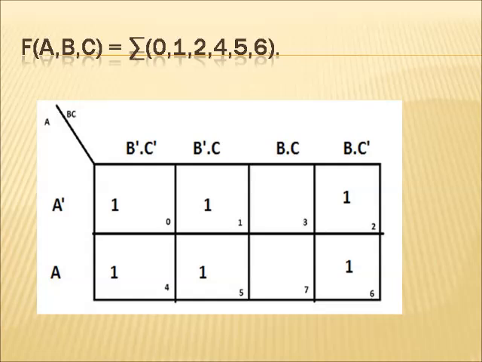Okay, so we have marked all the index positions given in the question, that is 0, 1, 2, 4, 5, 6. So this is the advantage when the question is in the cardinal form. Here we have the advantage, we can easily mark the cells, right? So I am giving you the example for the SOP expression. So later we can explain the POS expression also, okay?